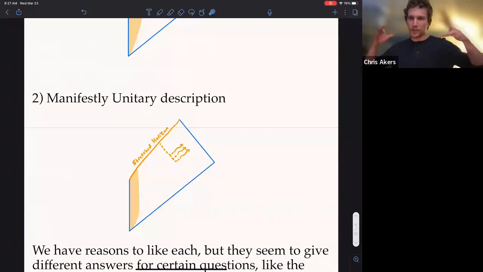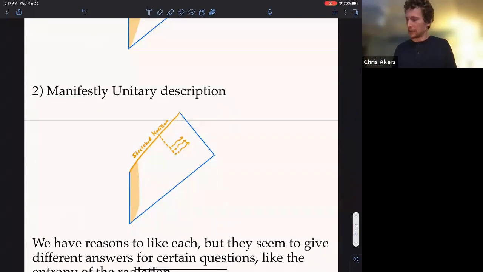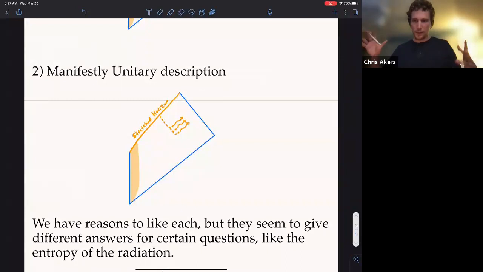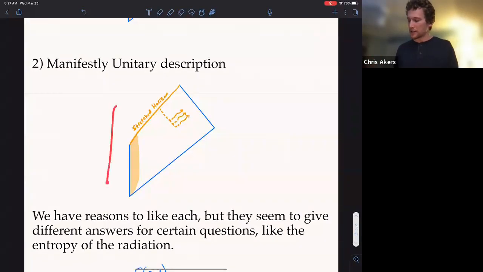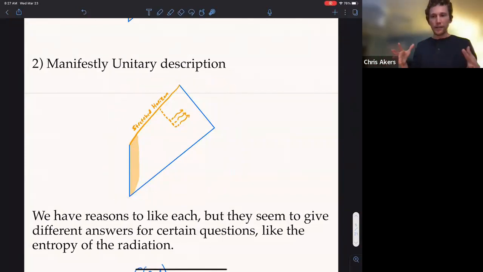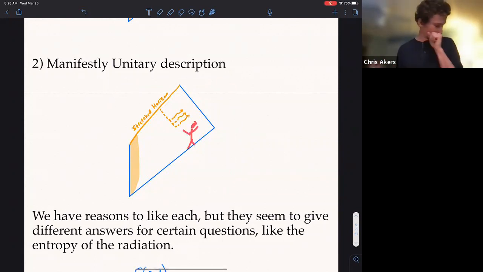But there are these two descriptions that people invoke, and there are reasons that people like each of them, but they seem to give different answers for different questions. For example, the entropy of the radiation. And let me emphasize, this manifestly unitary description is one that might be valid for someone who always remains outside of the black hole.